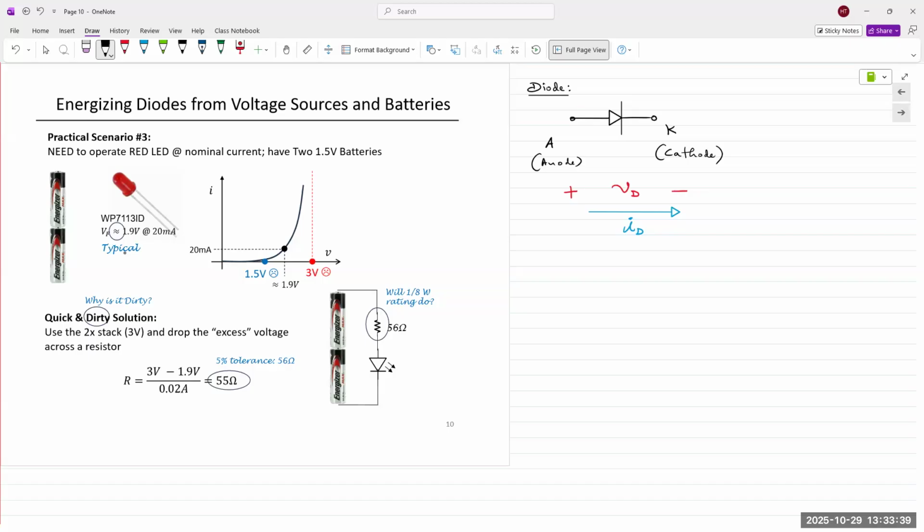But let's say you have AA batteries with 1.5 volts each. These are AA batteries, plus minus, plus minus, 1.5 volts, 1.5 volts. You connect them in series, so the total voltage is now 3 volts.